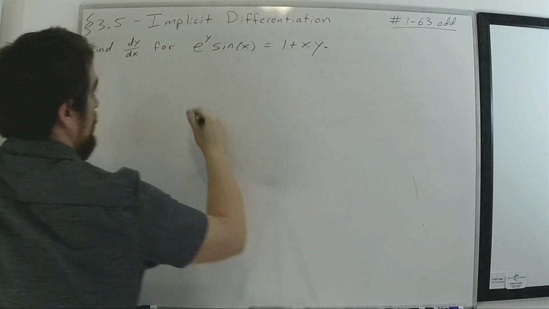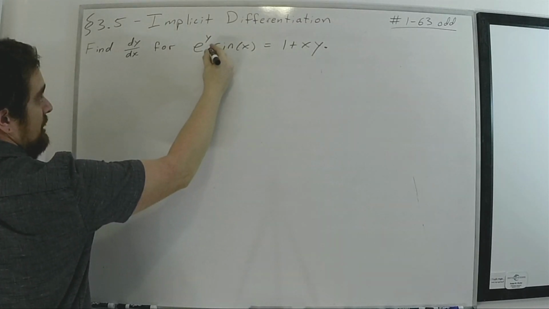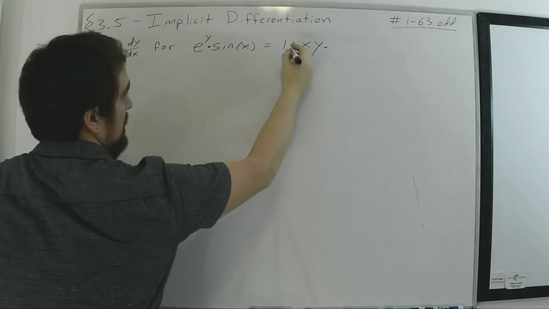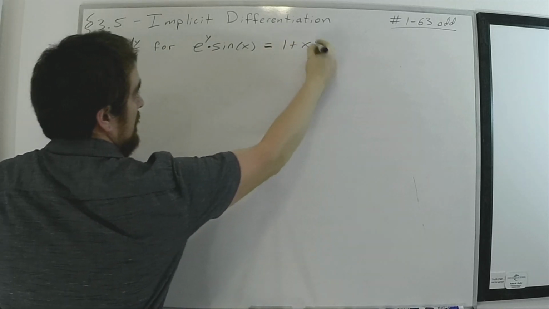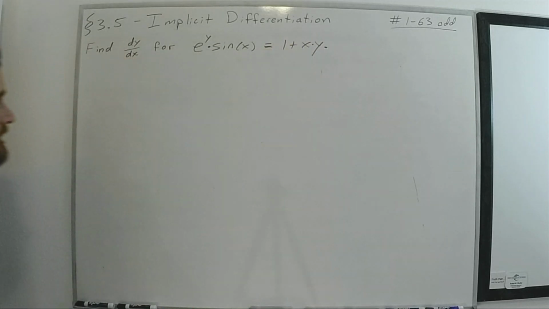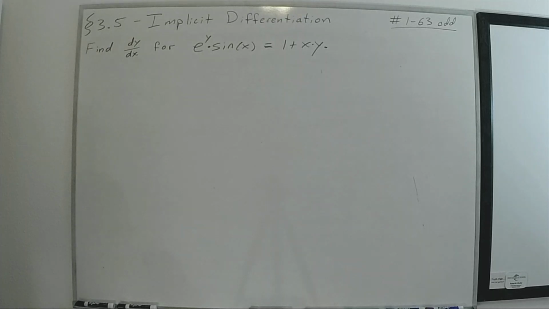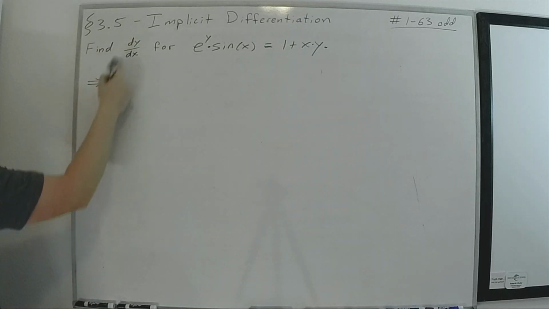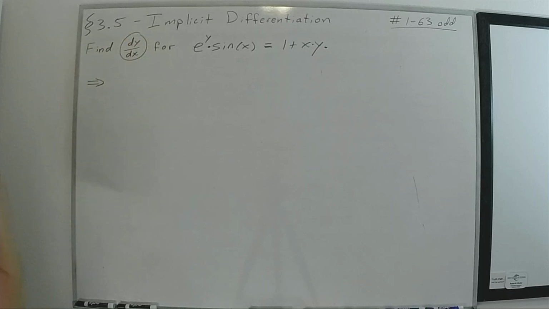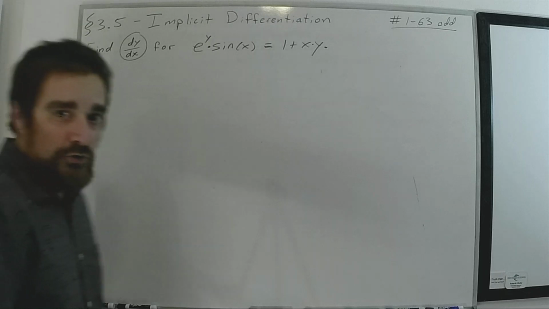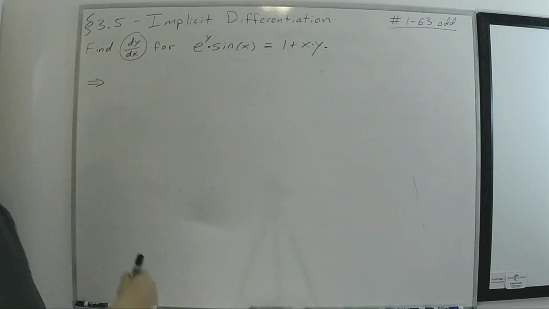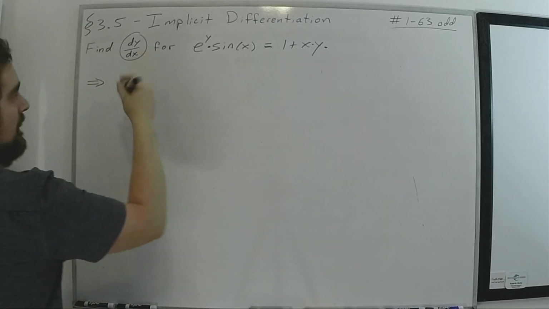Left-hand side, right-hand side. There's definitely a product of two things on the left-hand side. And then there's 1 plus, well, there's another product of two things over there, x and y. And again, I don't know what the function y is explicitly, so of course we're going to have to use implicit differentiation. So this time I'm going to stick to this dy dx notation and show you you can use it throughout the problem. And you'll see why we usually like to shorthand with the y prime. It just looks a little neater, easier to follow.